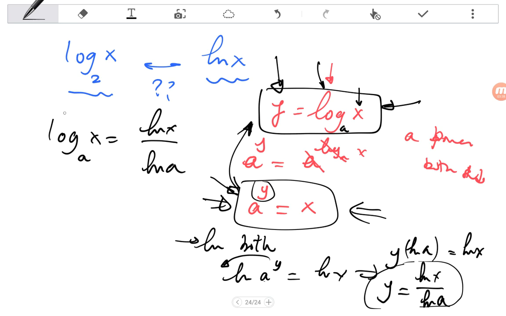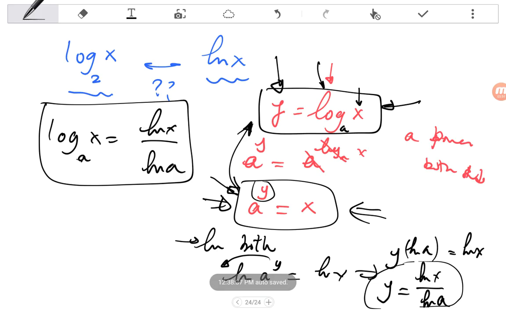So whenever I have a logarithm base a of any function, I can write it in terms of ln, for example, or any other.